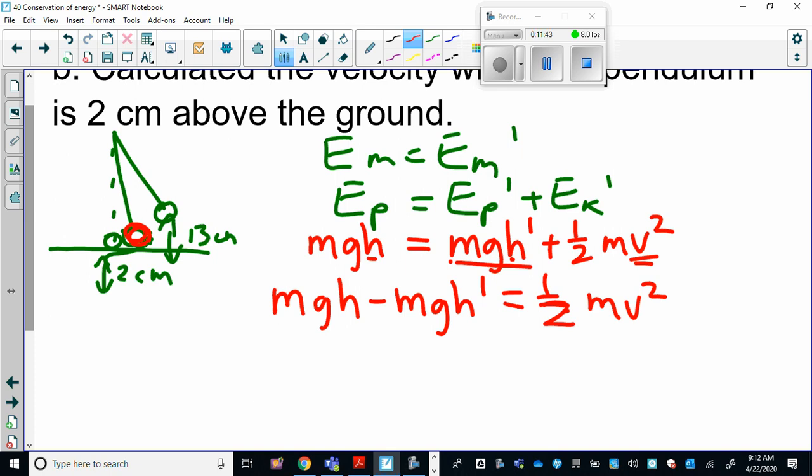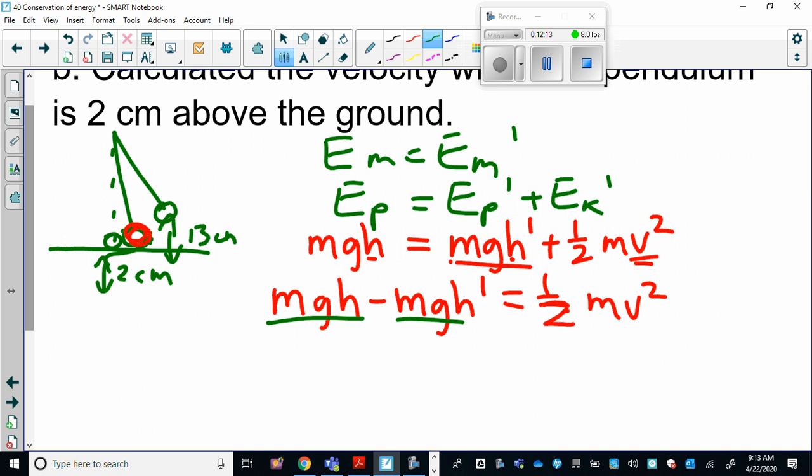This mgh over here, and this mgh, this one here, and this one here, you can't just cancel them out. They don't just eliminate each other. Because the h's are different, the m's and the g's don't just cancel each other out either. And this is, again, why I say this is a difficult manipulation. Then what are we going to do? Then we want to get rid of the half and the m. So we can divide both sides by m.